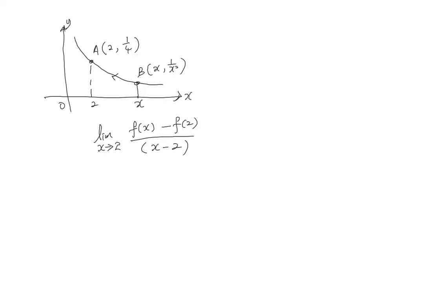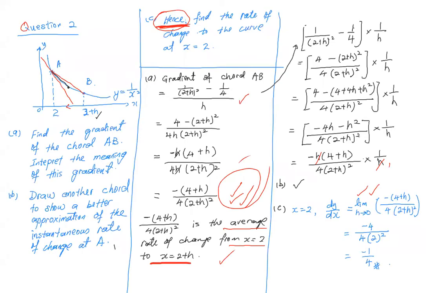The coordinate x I can write in two different forms. One is in this form, the other one is in this form. So this is my h. The difference between the two x coordinates is h for this case.